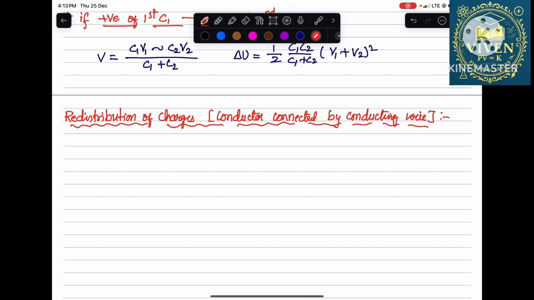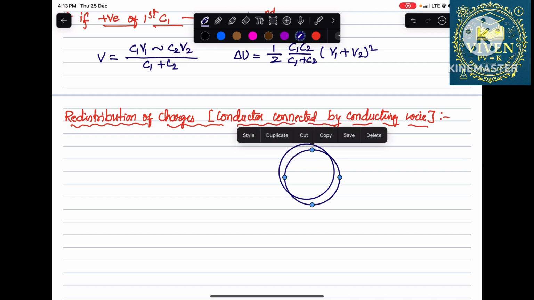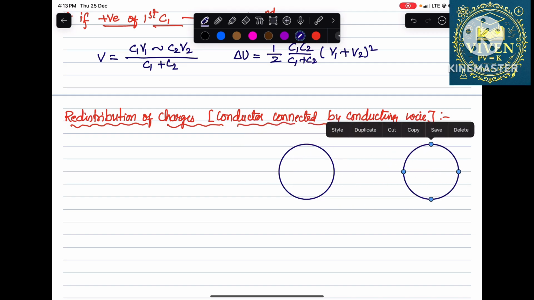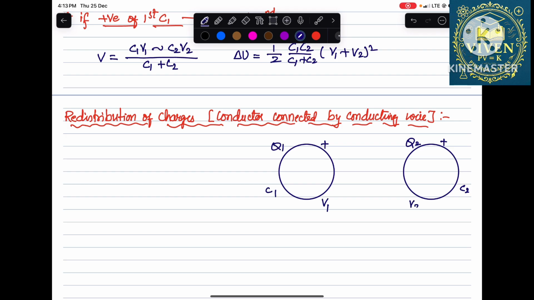So I would like to take two conductors having some capacitances, like charged spheres only. Say this is one sphere and this is the other sphere. Say its capacitance is C2 and it is positively charged, and say its charge is Q2, and this one is also positively charged, charge Q1, its capacitance is C1, and its potential is V1 and the other's potential is V2.